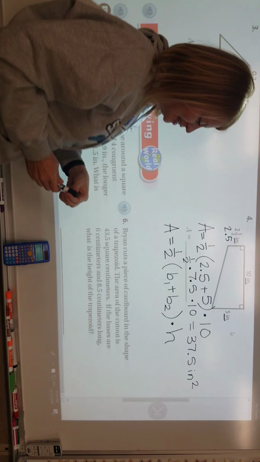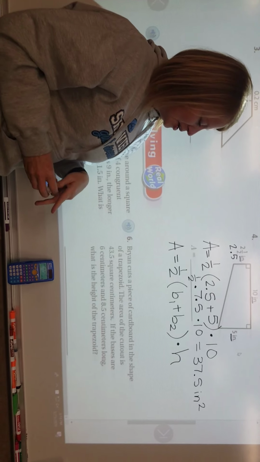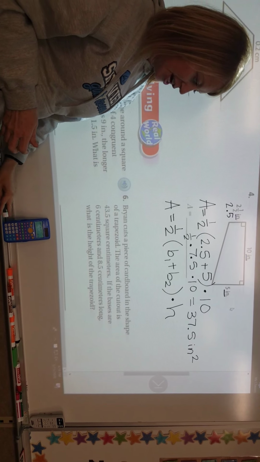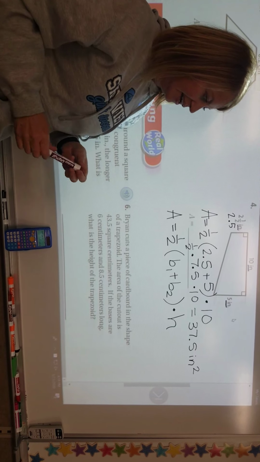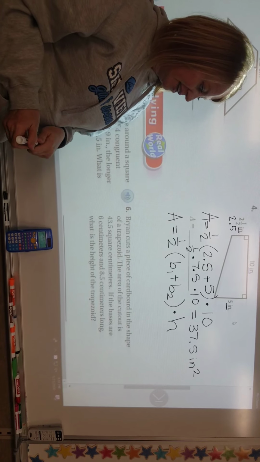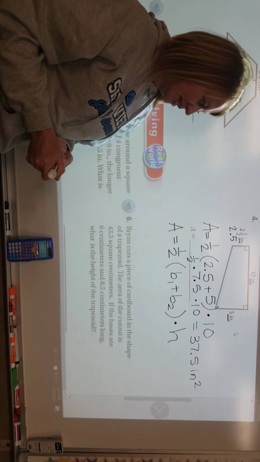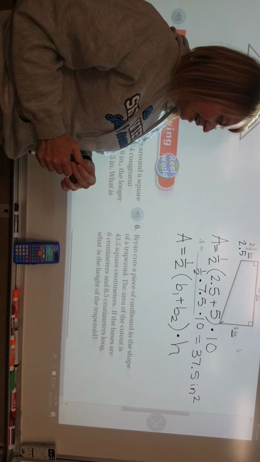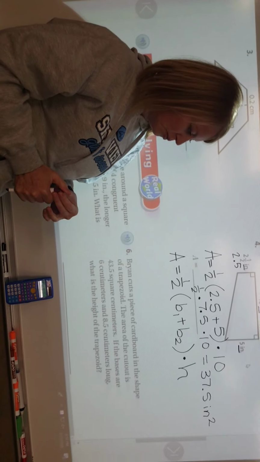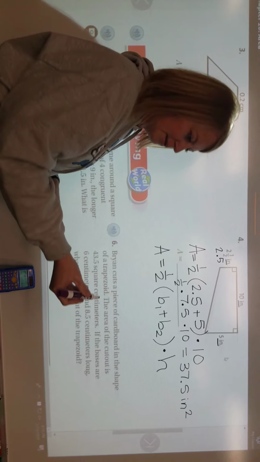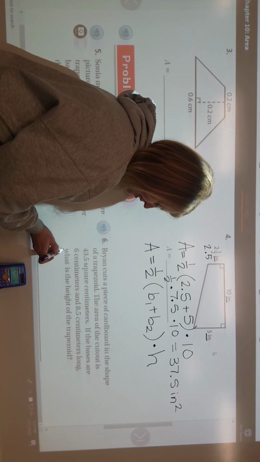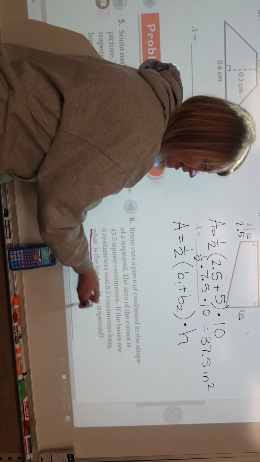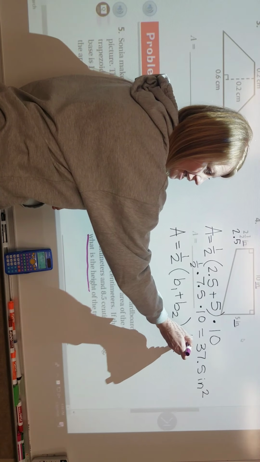Okay, reading that problem, boys and girls, it says, Brian cuts a piece of cardboard in the shape of a trapezoid. The area of the cutout is 43 5/10 square centimeters. If the bases are 6 centimeters and 8 5/10 centimeters long, what is the height of the trapezoid? So it's not asking me what is the area. This time it's asking me what is the height. So I'm going to have to solve for h this time.